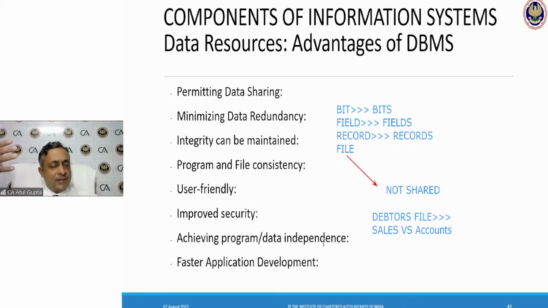Understand, we are 40, 50 years back. The records are there. We are using computers. We are generating systems and reports. But at that time, the recording was done like this. So a debtors account will be a debtors file. What was the problem? It cannot be shared. So a debtors file will be one, and the owner is going to be only one.